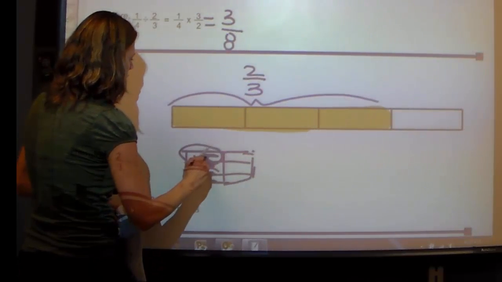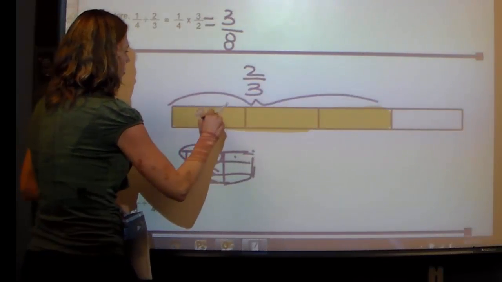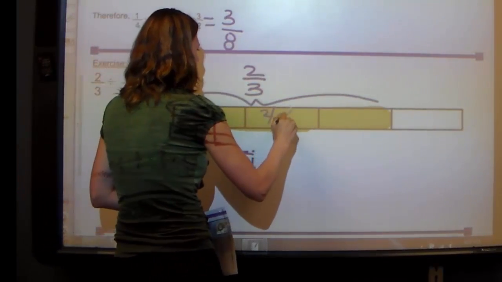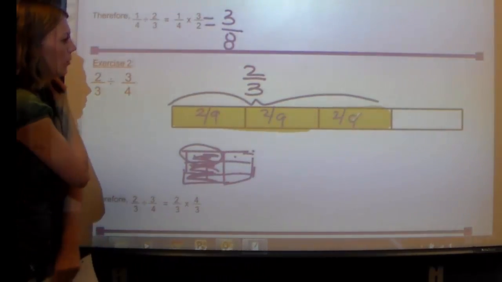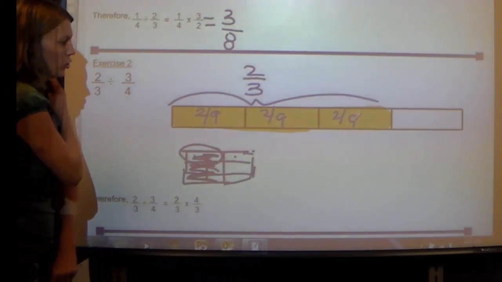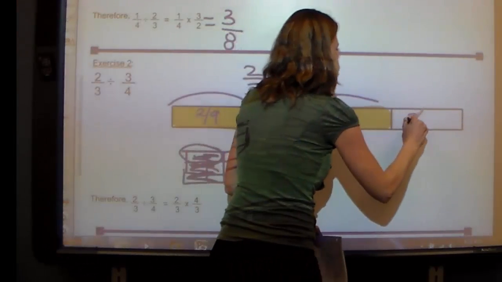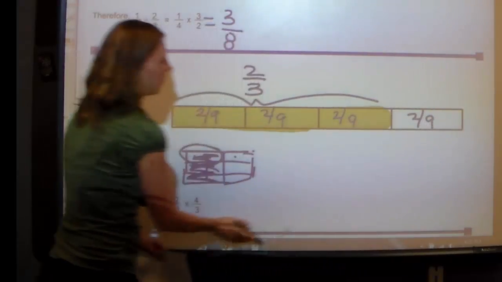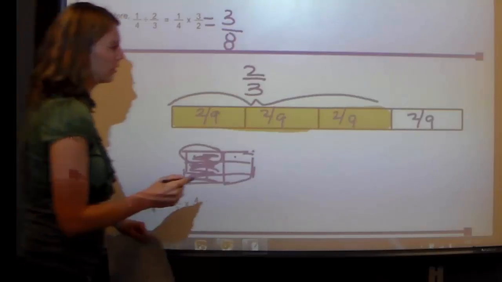This would be my answer, 2 out of, and if I have a 3 by 3, that would be 9. So 2/9, another 2/9, another 2/9. So that would be 6/9, which is the same as 2/3. So this one gets a 2/9. And so if I were to add that up, I would get 8/9.